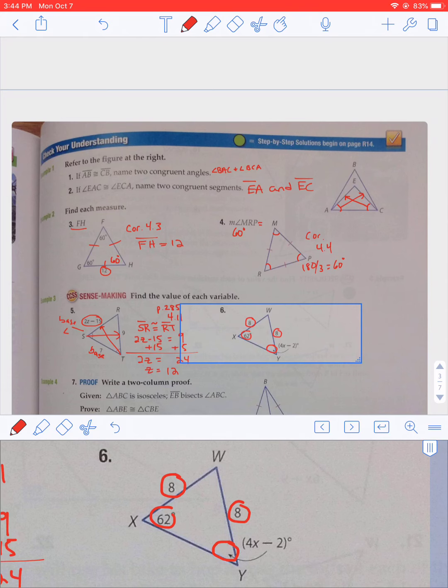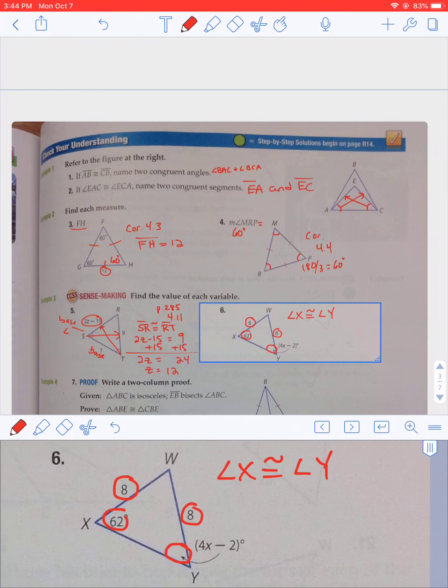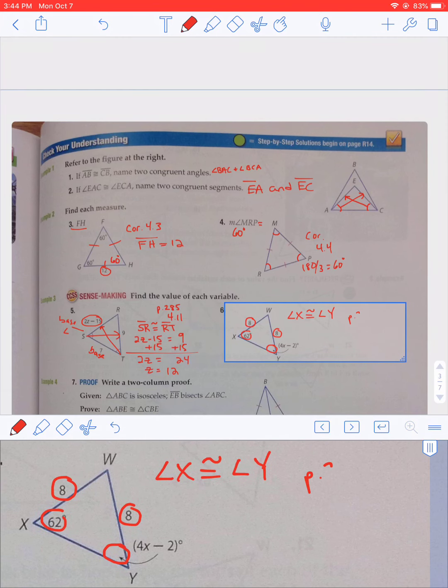So I'm just going to say that I know angle x is congruent to angle y, and the reason, again, if you look back at page 285, and I'll write this over to the side, it says if you have two sides that are congruent, then the angles opposite them are congruent. That's theorem 4.10, okay?